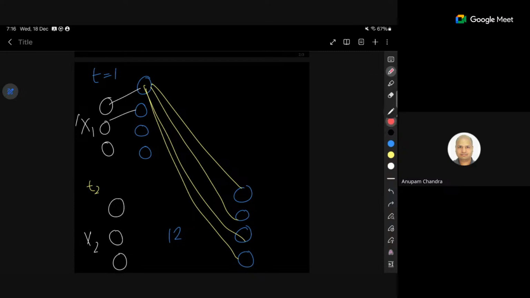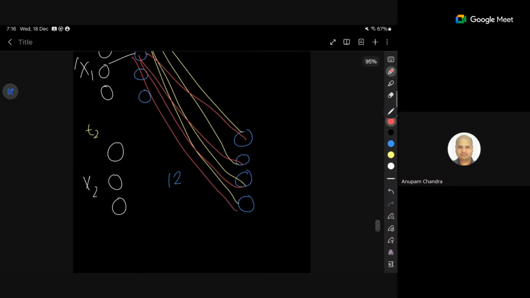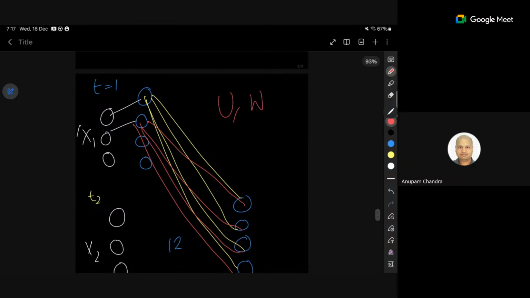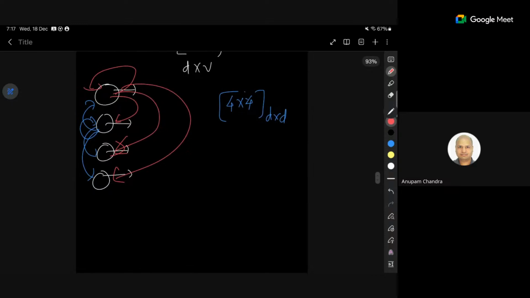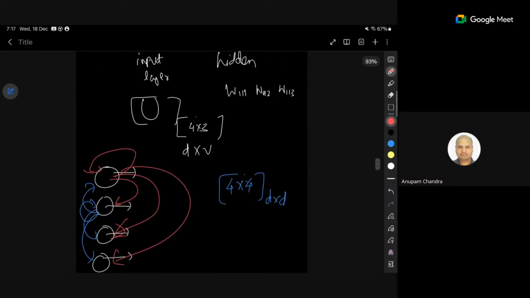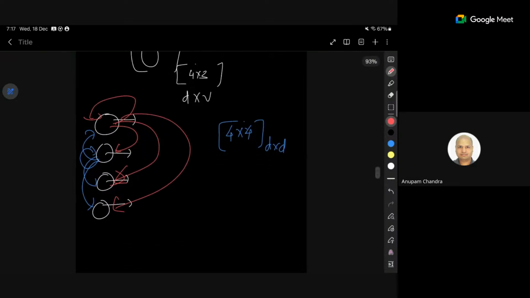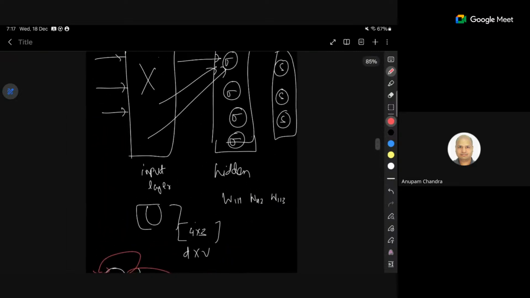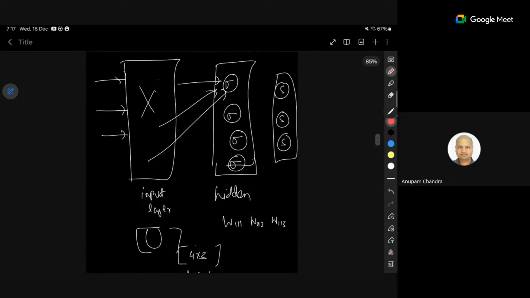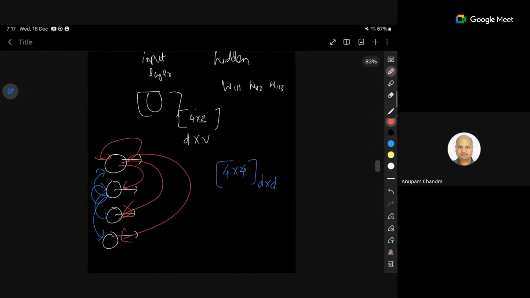So this is how RNN looks. This we call U and W, and so what will B be then? Whenever we do addition, we need similar dimensions, otherwise addition won't happen, right? We have four neurons in this, so we'll require four biases. So B will be d cross 1.